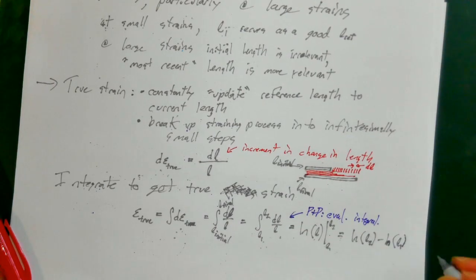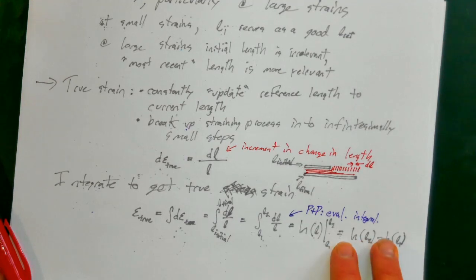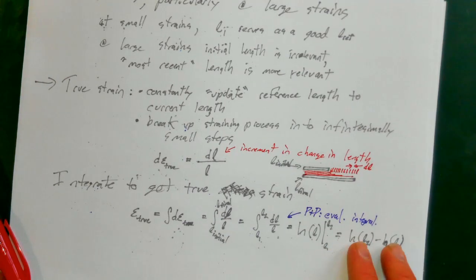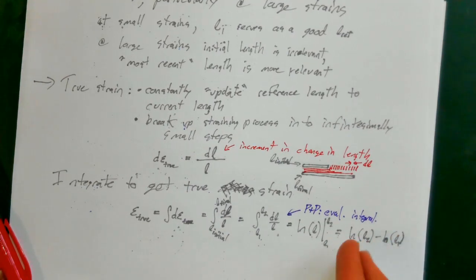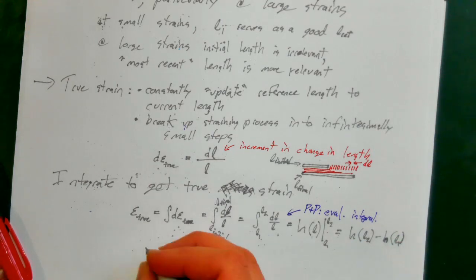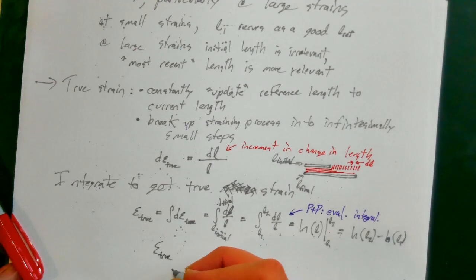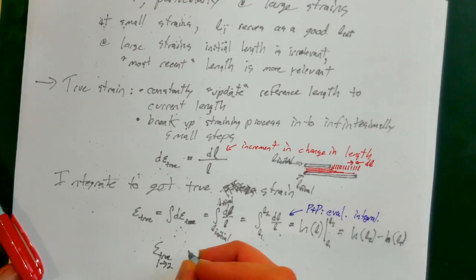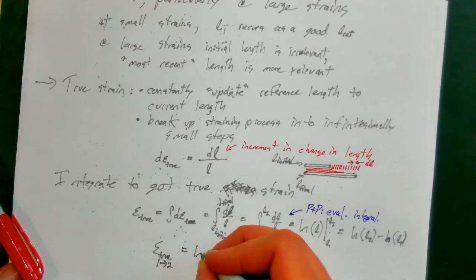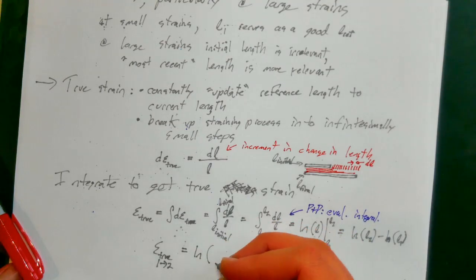And if you apply your log rules, remember if you subtract two logs, that's equivalent to dividing what's inside of them. So the true strain from 1 going to 2 is equal to the natural log of L2 over L1.